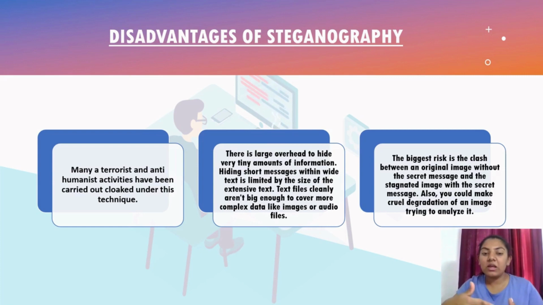Text files clearly aren't big enough to cover more complex data, images or audio files. Now, the biggest risk is there is a clash between the original image without the secret message and the stego image with the secret message. Also, you cannot make cruel degradation of an image trying to analyze it. So these are the disadvantages of steganography.